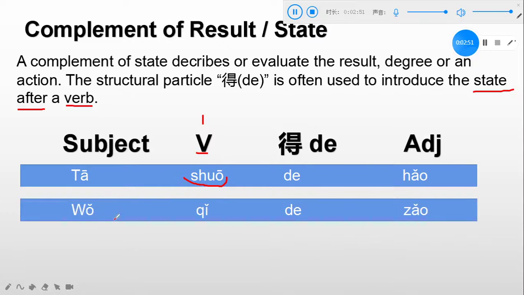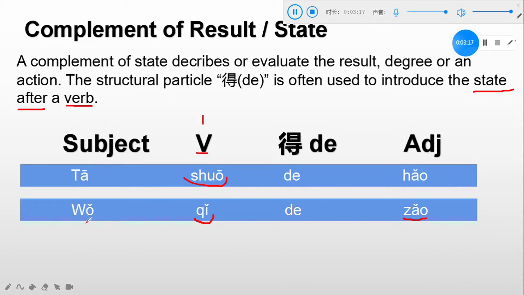Okay, example 2. 我起得早。You see, 起 means 起床, which means to get up. But here, we have to use a single verb. So here we just use 起. So 我起得早, 早 is the adjective.